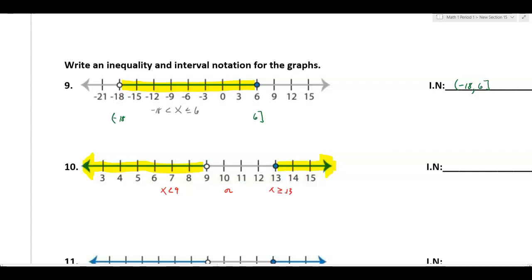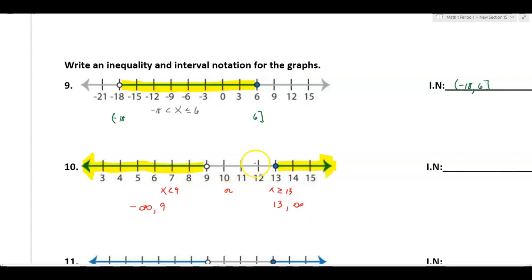With this, for the interval notation, where does the x less than 9 start on the left? Starts at -infinity, and it goes all the way to 9. The x is greater than or equal to 13 starts at 13 and goes all the way to positive infinity.